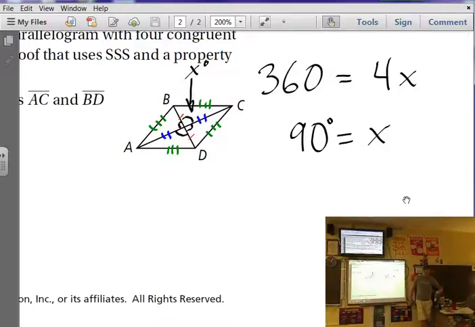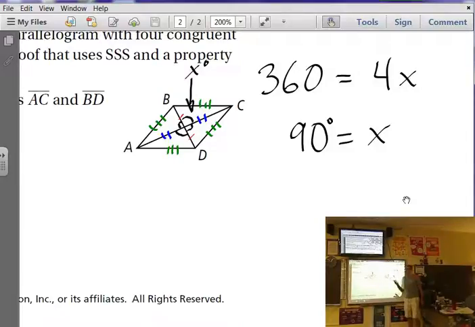Question? What's CPCTC? Corresponding parts of congruent triangles are congruent. So if we've already notated that BCE is congruent to DAE, because we have to go in the right order, so I went green to blue, then I know that this angle, my third angle E, would be equal to my third angle E. Or like CDE and ABE, same there.